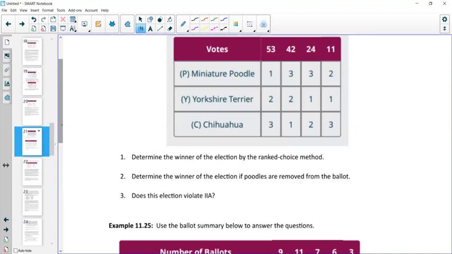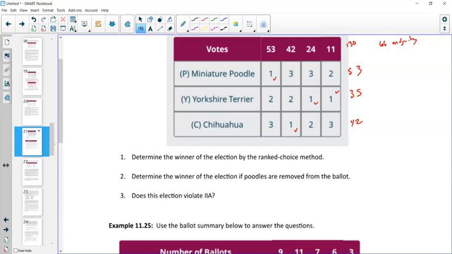So determine the winner of this election by ranked choice. Adding everything up, we get a total of 130, which means 66 is a majority. Now here, 53, here, 35, here, 42.